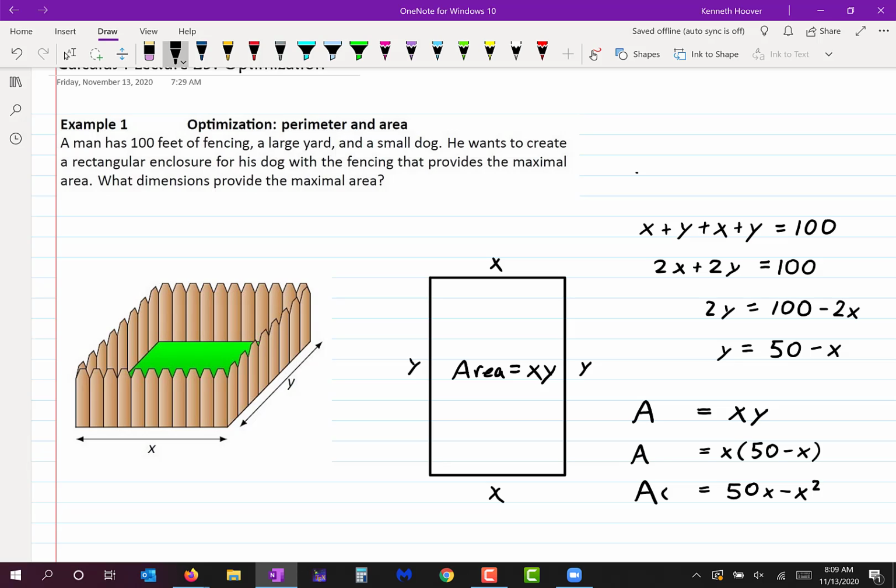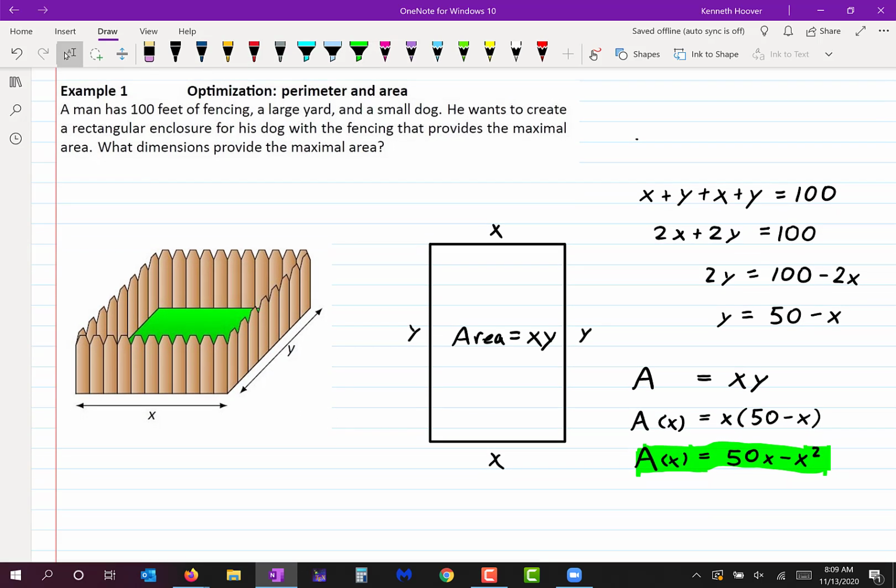I can even write A of x, because there's no more y. There's only x's. So now the problem is very straightforward. They want us to maximize the area. How do you find the maximum of something?